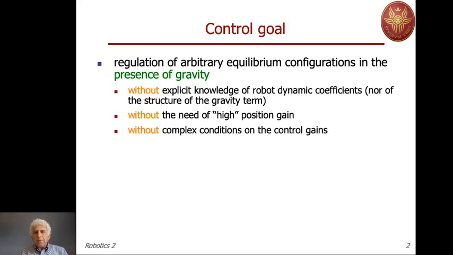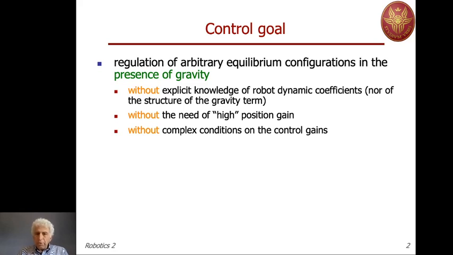So our objective will be to handle the presence of gravity, but differently from what we have seen in previous lectures. We don't use information about the model, in particular about the gravity term, nor for cancelling gravity in every configuration, nor for compensating gravity at the destination.